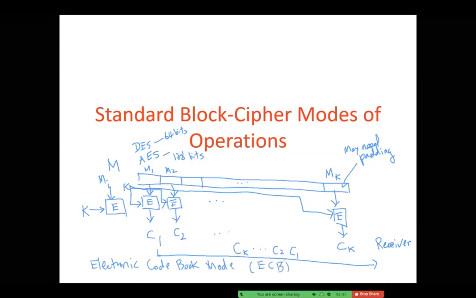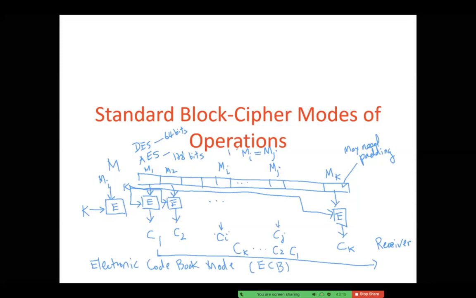So the problem here is that if in the plain text, let's say this is MI and this is MJ, if MI is equal to MJ, then CI and CJ here will also be equal.